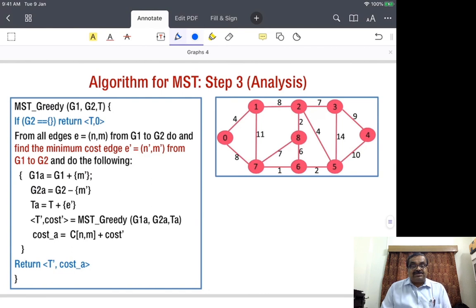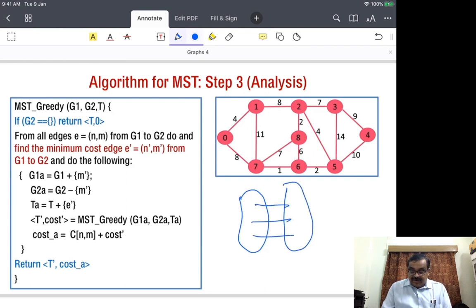What is the analysis of the algorithm? The algorithm at any point in time has to do the following. It has to find the minimum edge. Once it has found the minimum edge, as soon as it includes one node from this to the other and recurses, it has to add edges.